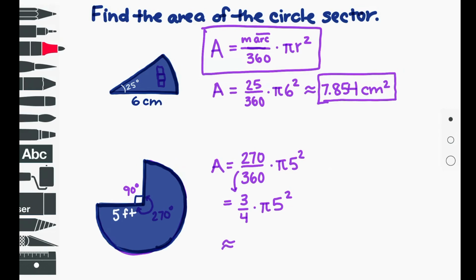So 3/4 times pi times 5 squared, 58.905. And this one is measured in feet, only it's area, so it would be in square feet, which we can abbreviate like that. Let me know if you have questions.